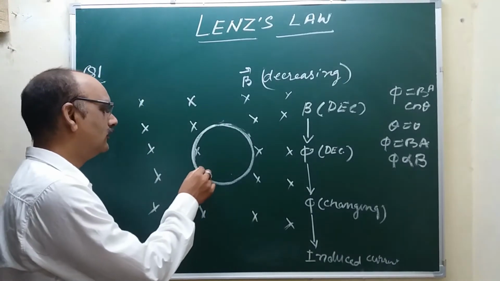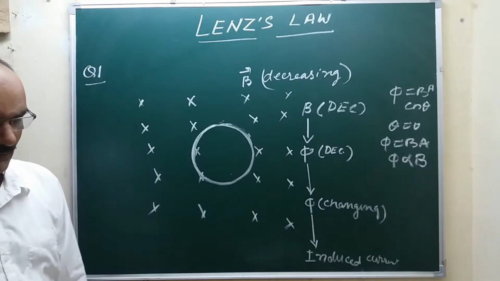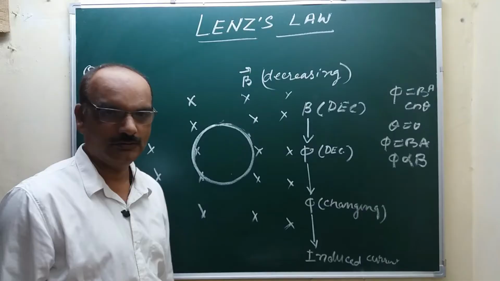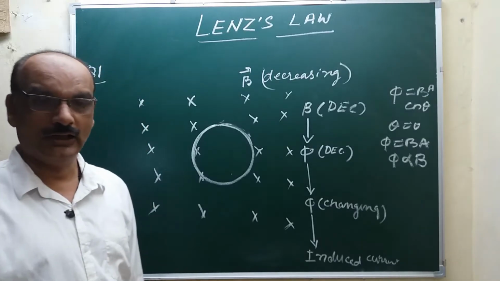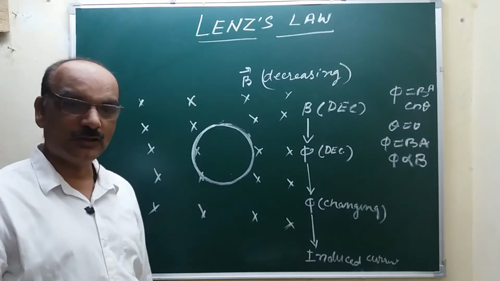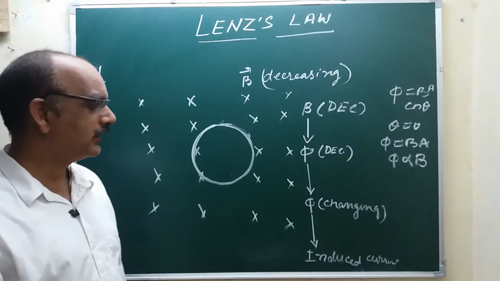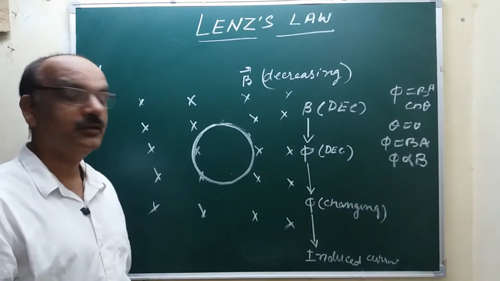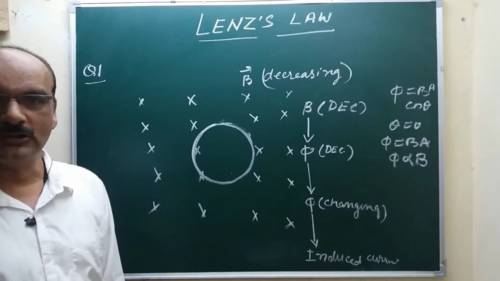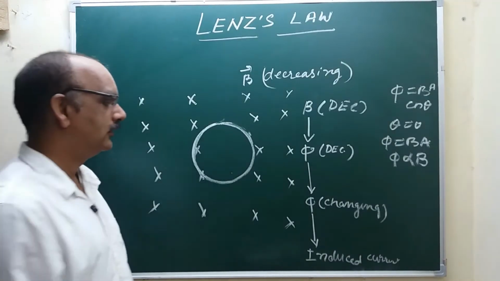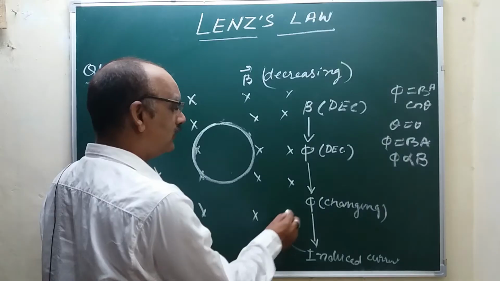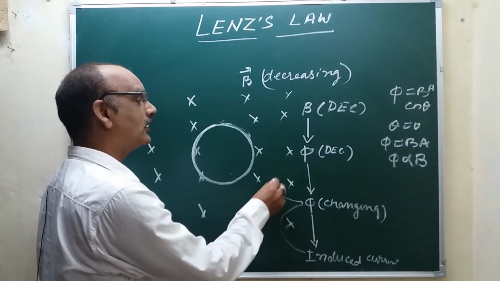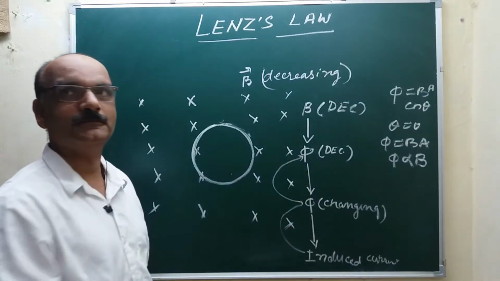Clockwise or anti-clockwise? This will be decided by Lenz's law. Right? And what is Lenz's law? The direction of induced current is such that it opposes the cause which has produced it. इंड्यूस्ड करंट क्यों प्रोड्यूस हुआ? फ्लक्स चेंज हो रहा था. फ्लक्स कैसे चेंज हो रहा था? फ्लक्स डिक्रीज हो रहा था.